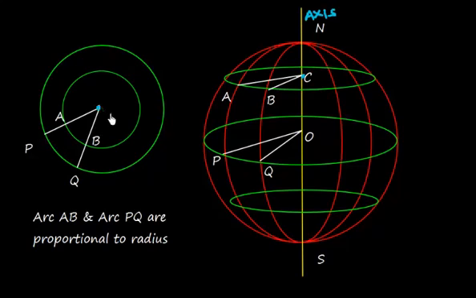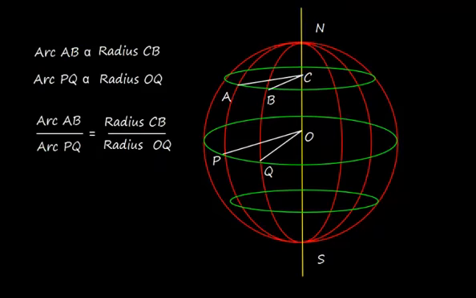So we can say these are concentric circles, and we know that arc AB and arc PQ are proportional to the radius. That is the property of concentric circles, which simply means that arc AB is proportional to this radius, and arc PQ is proportional to this radius. That makes sense also.